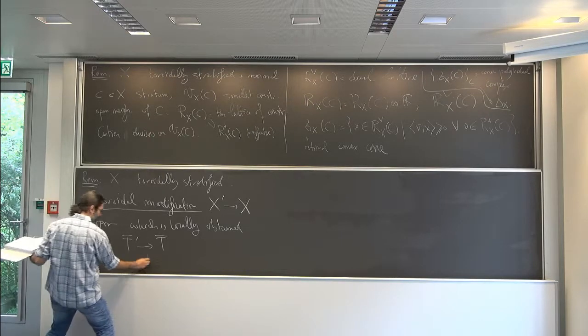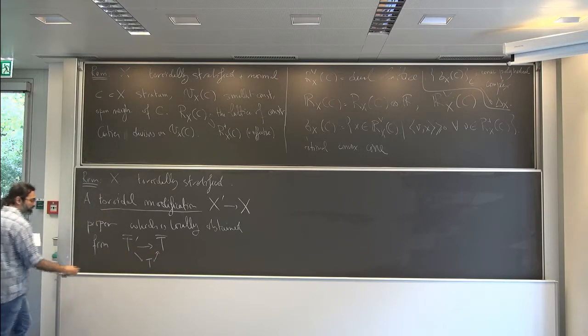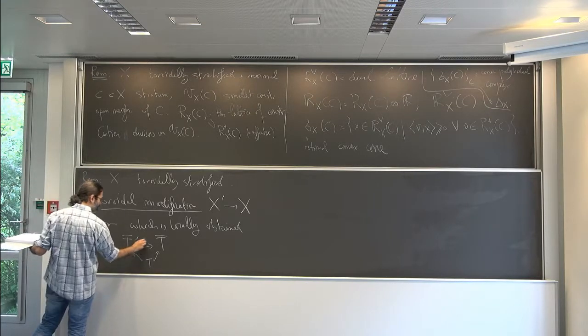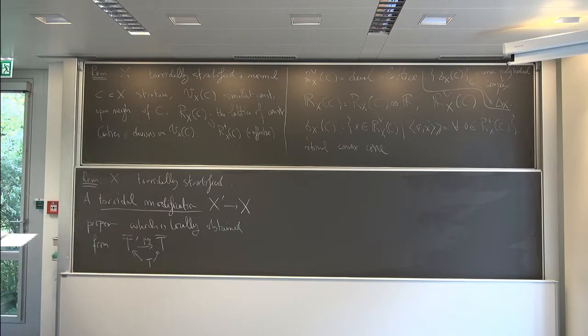So you have a split torus which is inside two compactifications and a proper morphism between them.